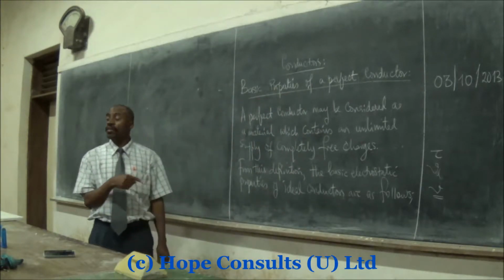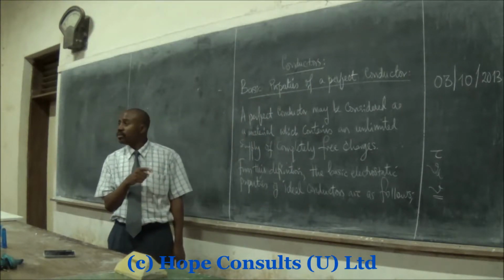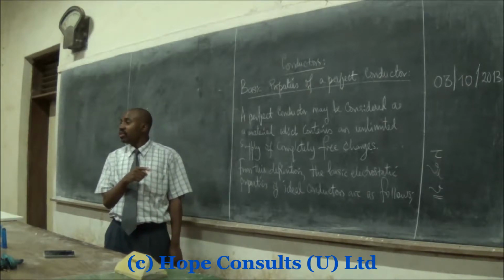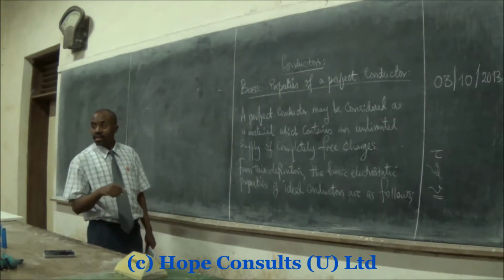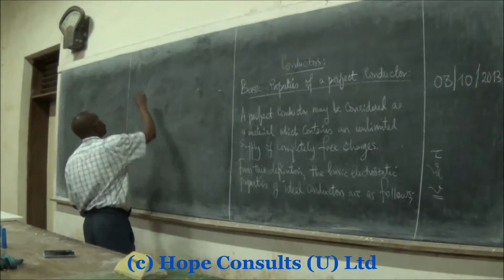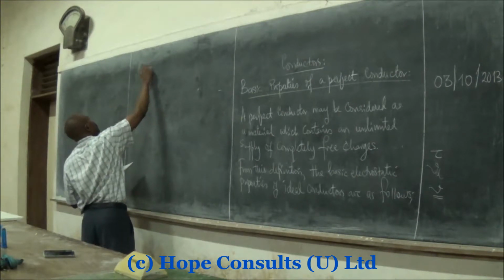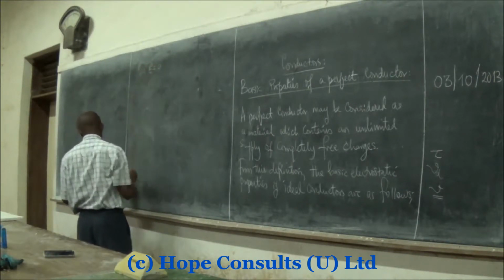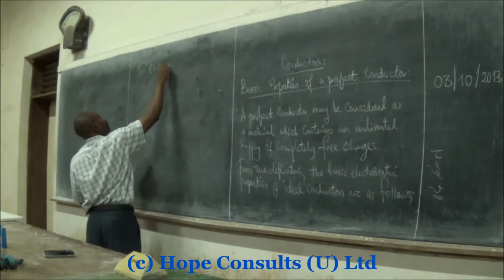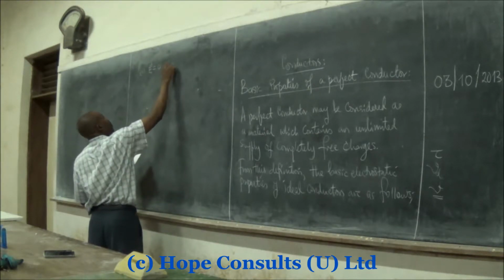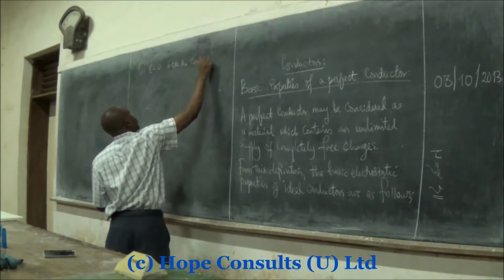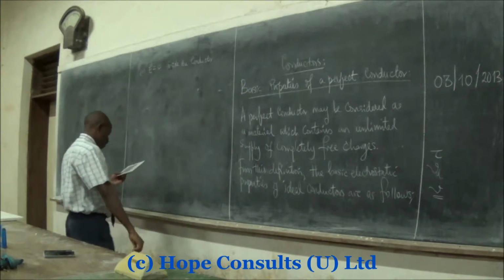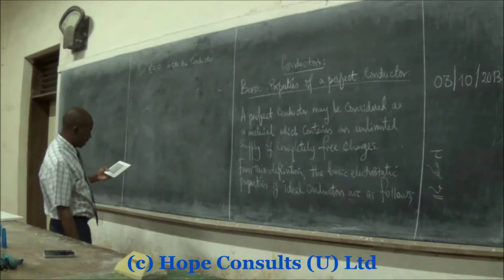The V was the speed due to the thermal agitation, whereas the VD came in when they were being drifted because of the electric field. So the first property is that the electric field intensity is equal to 0 inside the conductor. And we can formulate an explanation which I have almost already done.